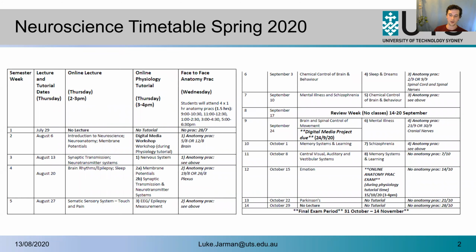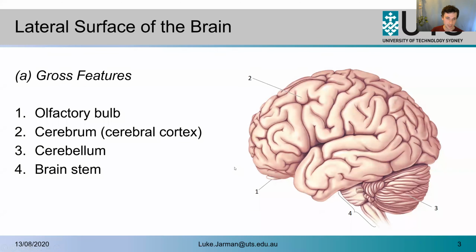I will continue on with synaptic transmission and membrane potentials next week. This week, August 13, we're just going to be doing more nervous system stuff. Based on what I saw Taryn posted, you've already done some basic anatomy tutorials, so I apologize if some of this seems like revision, but we're going to get straight into it.